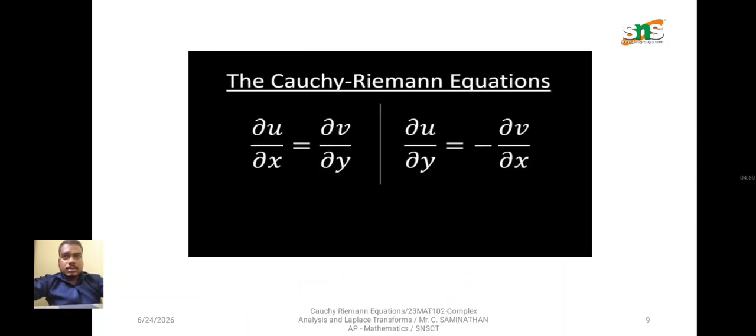Thus, the CR equations are not just theoretical mathematical conditions; they serve as essential tools in solving practical problems across engineering, physics, and applied science.